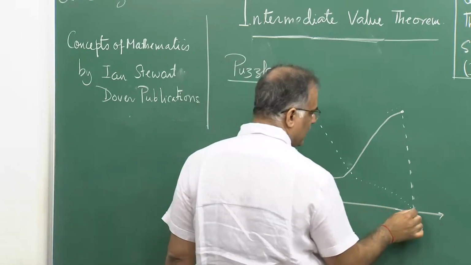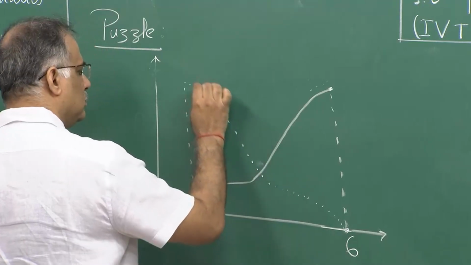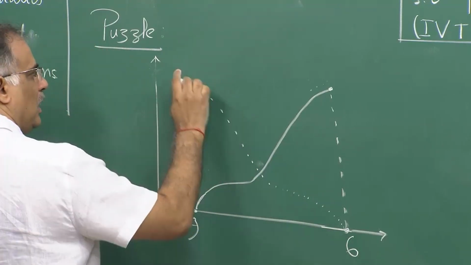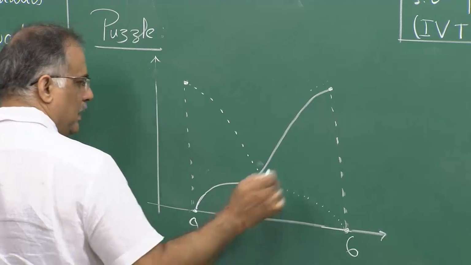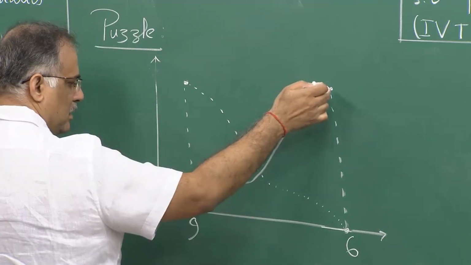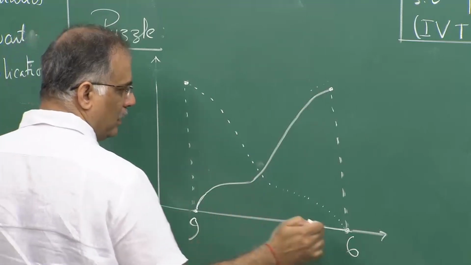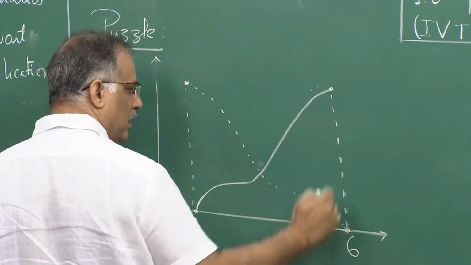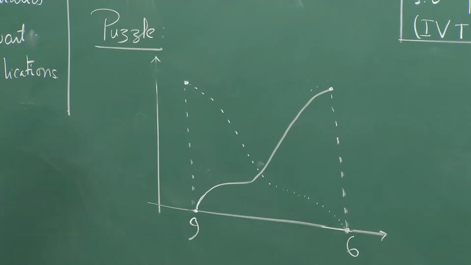So some man starts at 6 in the morning and climbs up the mountain. So this is the path of this guy. He starts at 6 and this guy has started at say 9 in the morning and is climbing down. So another guy has started at 6 and is climbing up.